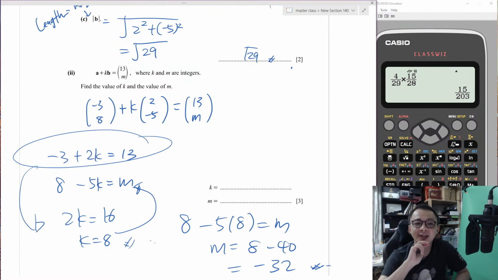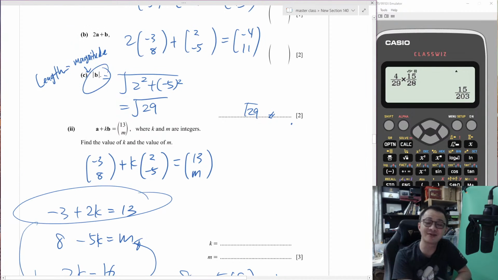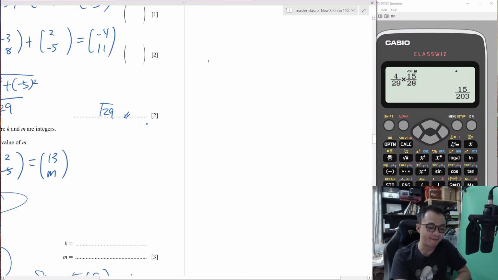Wait, for the C, I only remember modulus is always positive. Yes, you are right for this one, but this is the vector topic. Normally modulus means always positive, so if you have -3, it will become +3.